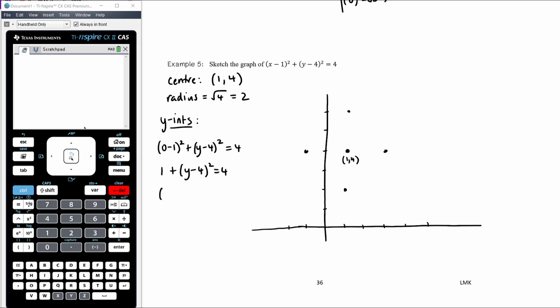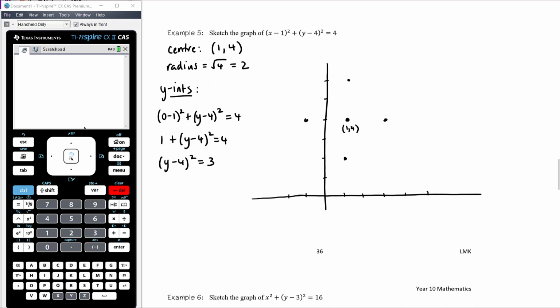Taking away 1, (y minus 4) all squared equals 3. Perfect example where I know half of you are going to be really tempted to expand those brackets, but it's completely unhelpful to do so. You're solving for y. There's only one instance of y in the equation. Just rearrange it until you get y on its own. So take the square root, plus or minus root 3, and so y is 4 plus or minus root 3.